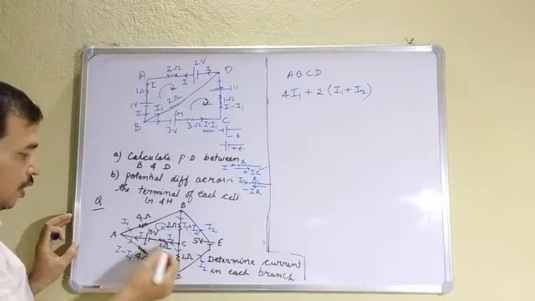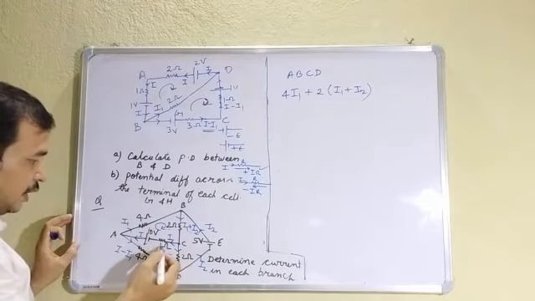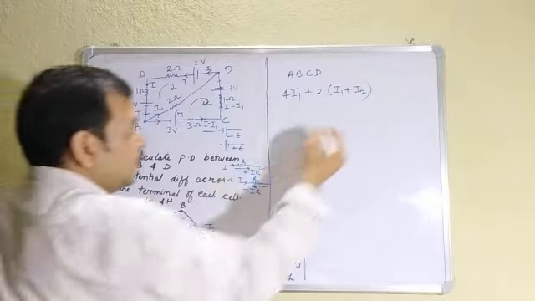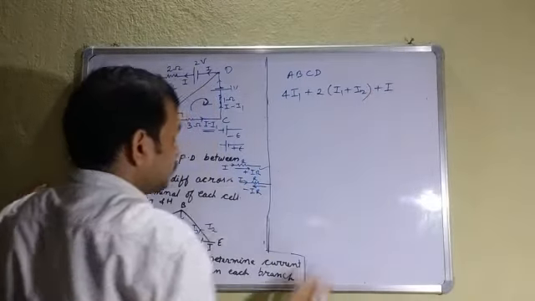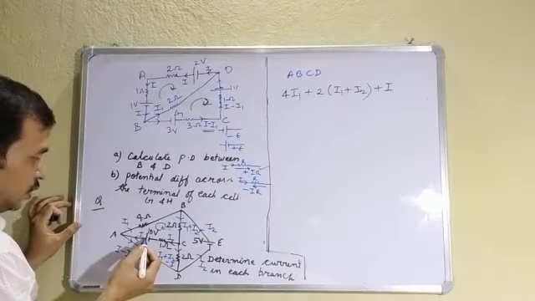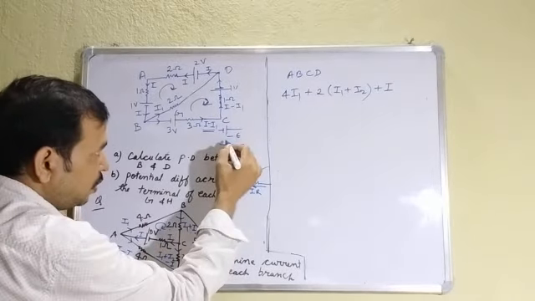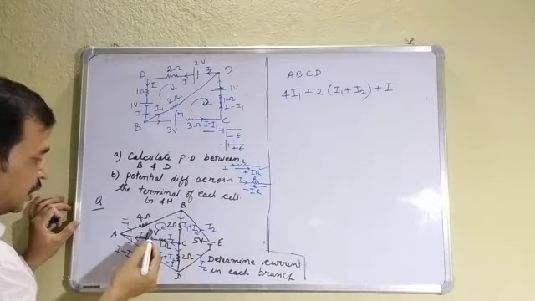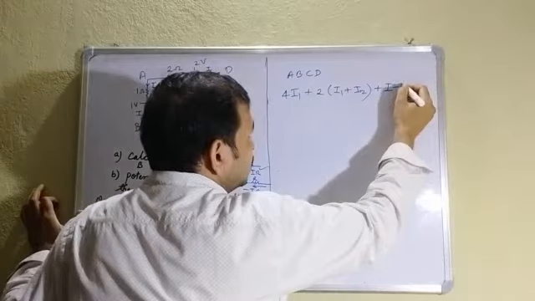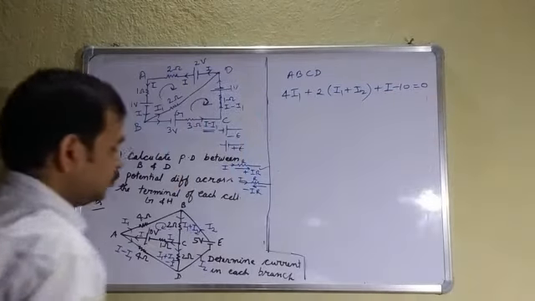Now from C to A, again we are moving in the direction of current, so 1 into I is positive. Then minus 2 plus, we are taking EMF as minus, so minus 10 is equal to 0.